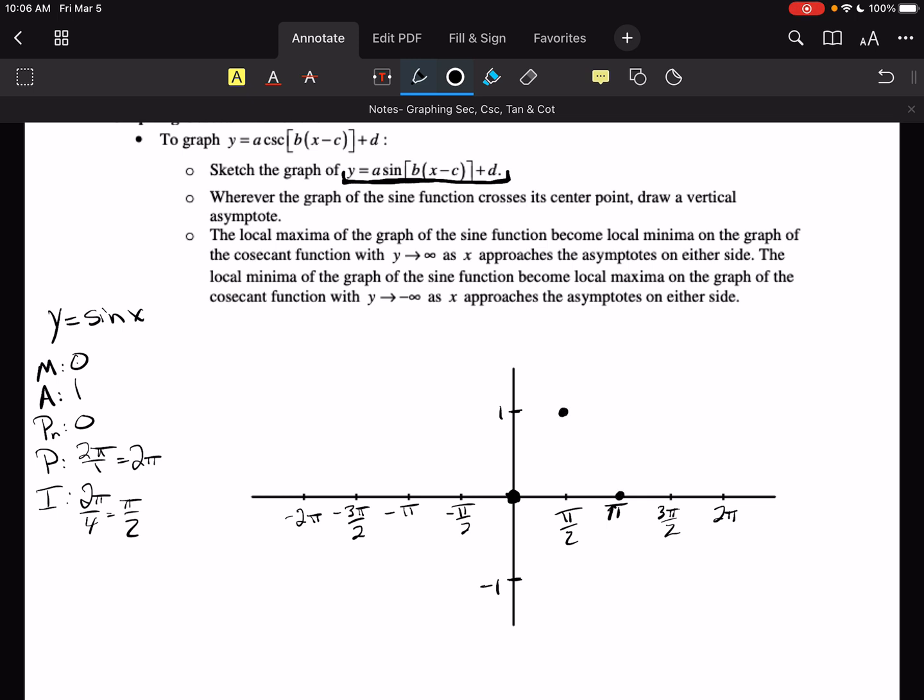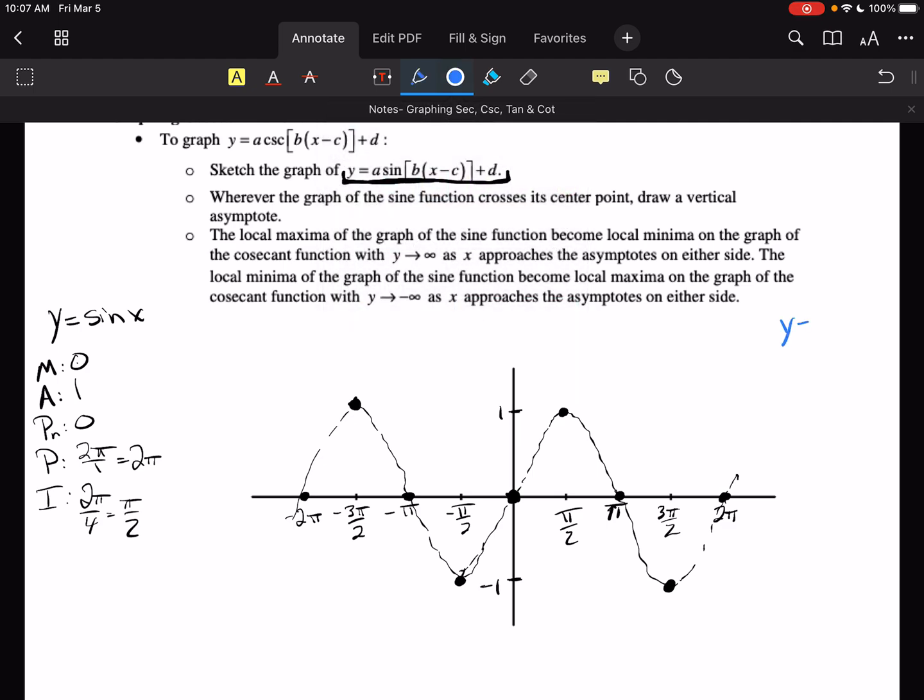So max, midline, min, midline, negative direction, down, midline, up, midline, and kind of lightly draw that graph in there, just so we can visualize what's going on. Okay, so there's my sine graph.